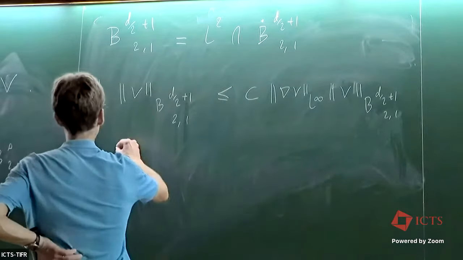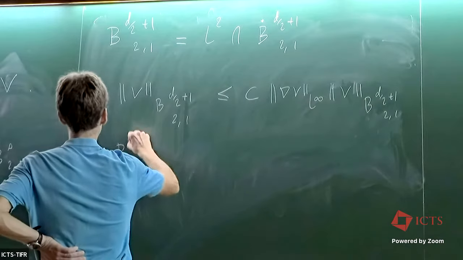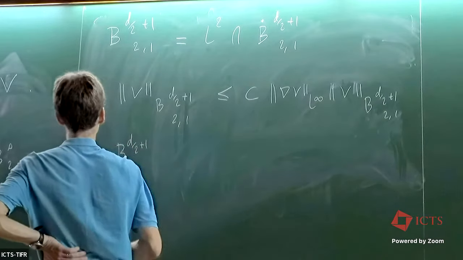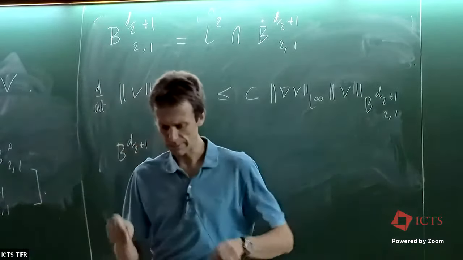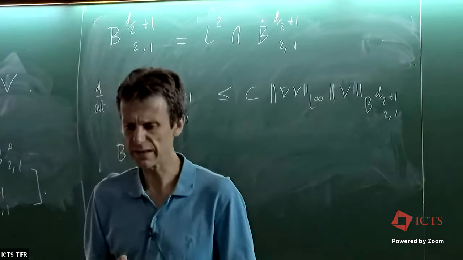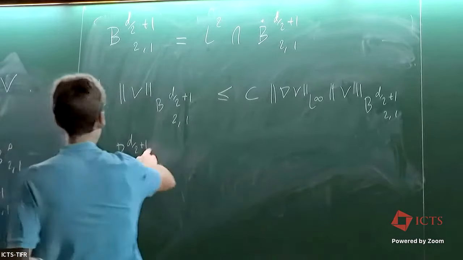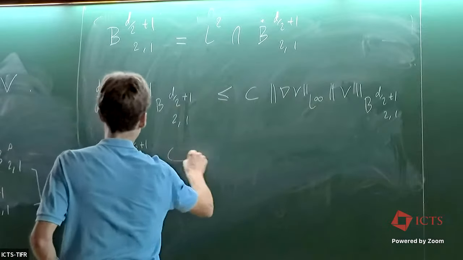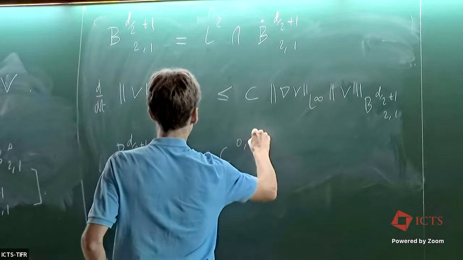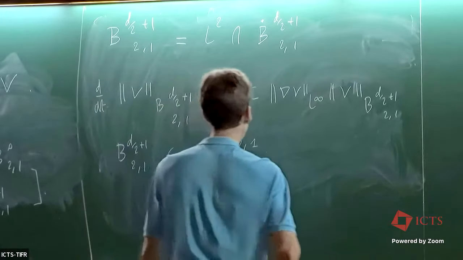And I recall last time I proved that L infinity, or B^{d/2}, was embedded in L infinity. So if you want to control the gradient, you have to take one more derivative. Okay, the Lipschitz norm is controlled by this one.